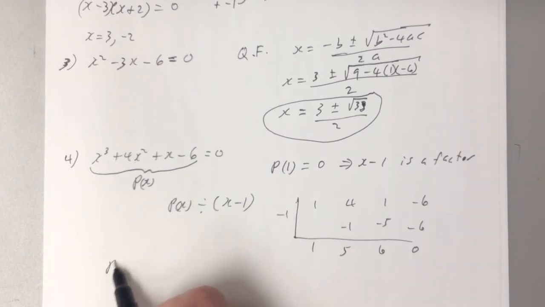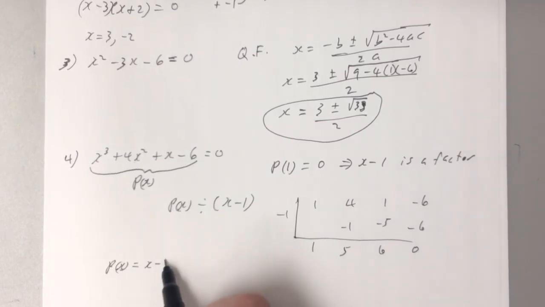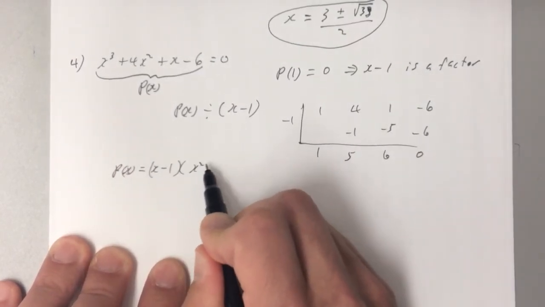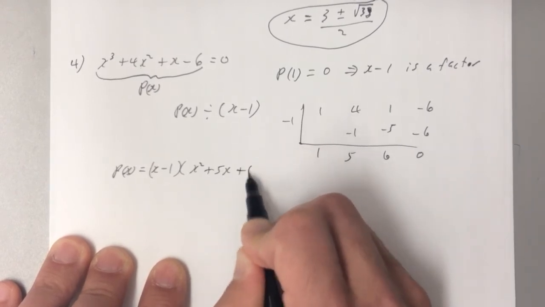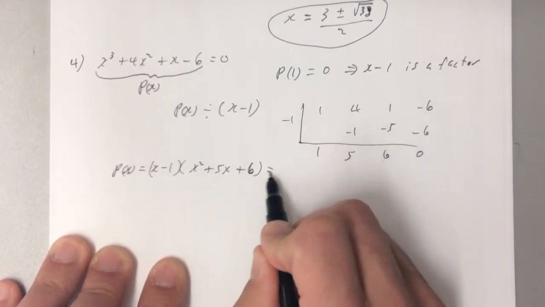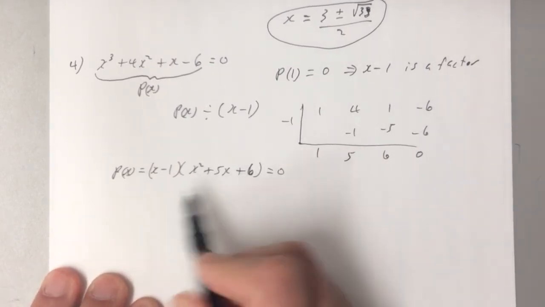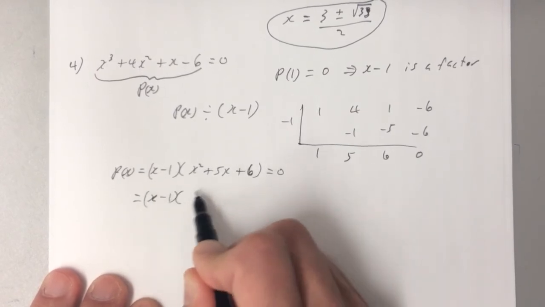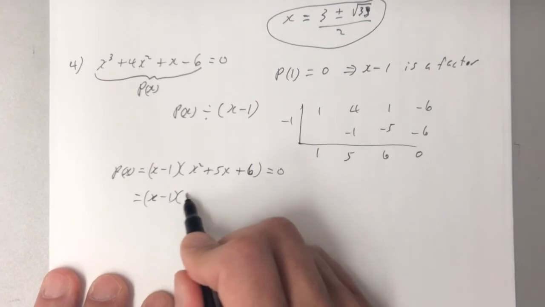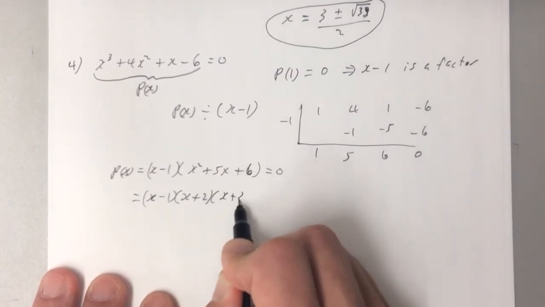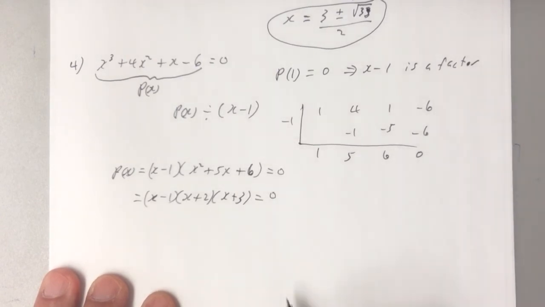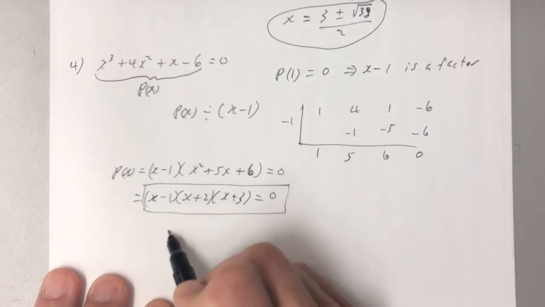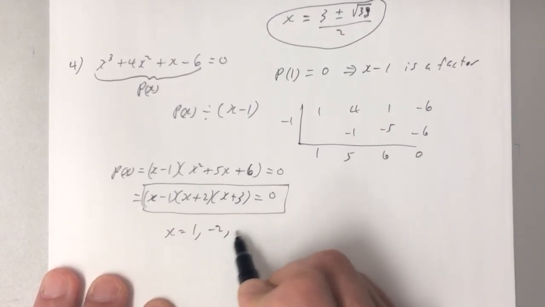And we get now that p of x equals (x minus 1) times (x squared plus 5x plus 6), and we're solving that equal to 0. Now we can factor this quadratic. If that didn't factor, you could use the quadratic formula. (x minus 1)(x plus 2)(x plus 3) equals 0. And from this now we can state the solutions: x equals 1, negative 2, and negative 3.